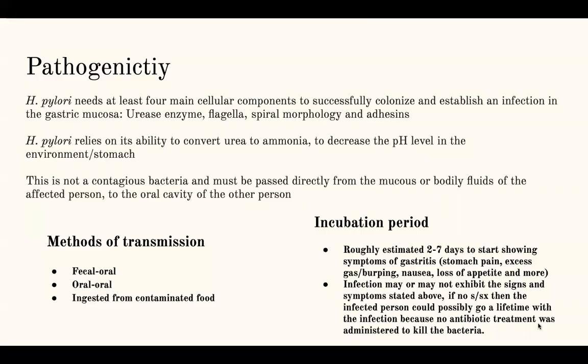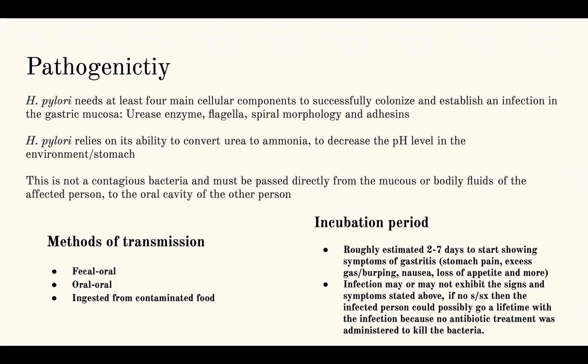The pathogenicity of H. pylori needs at least 4 main cellular components to successfully colonize and establish an infection in the gastric mucosa: urease enzyme, flagella, spiral morphology, and adhesions. H. pylori relies on its ability to convert urea to ammonia to decrease the pH level in the environment and the stomach.